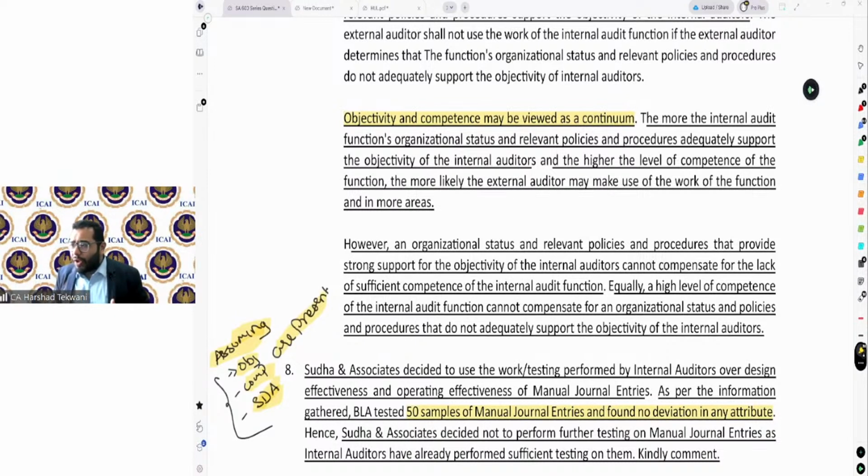Number two, areas where the assessed risk of material misstatement at the assertion level is significant, or where special consideration is given to a risk identified as a significant risk. If there is an area of significant risk, or an area which requires judgment in planning, performing the relevant audit procedures, or evaluating the audit evidence gathered, you cannot rely only upon the work performed by the internal auditors. You need to perform testing on your own.